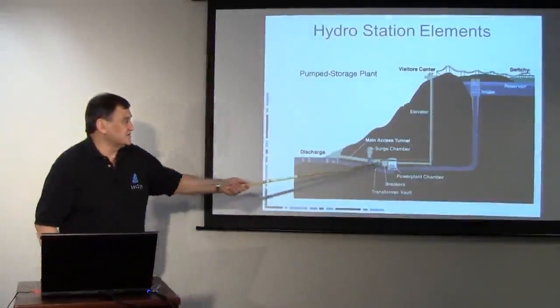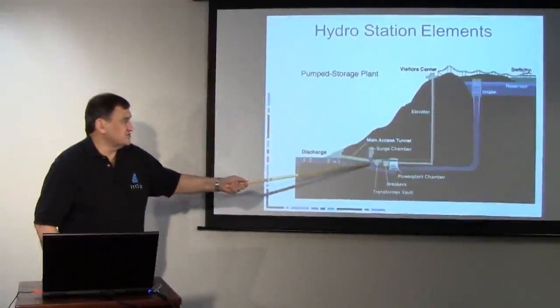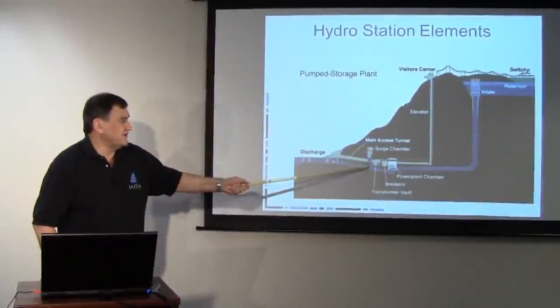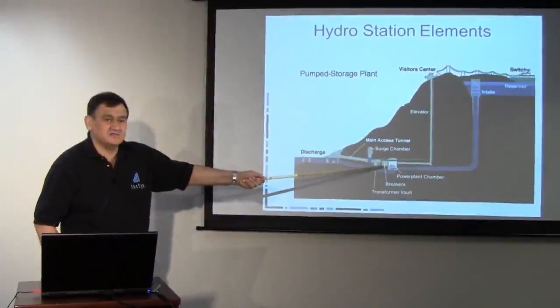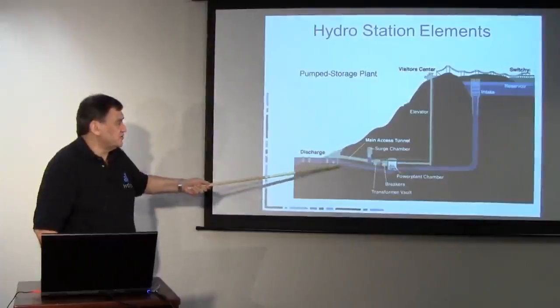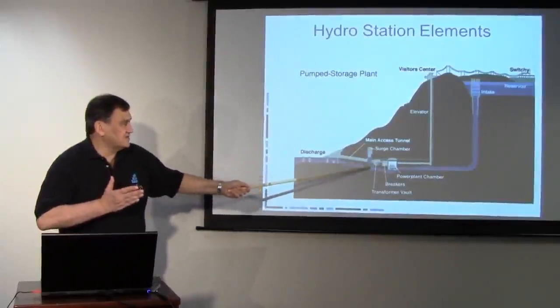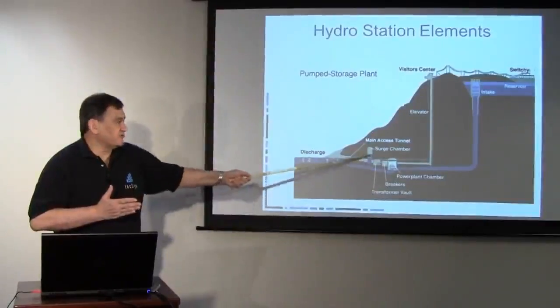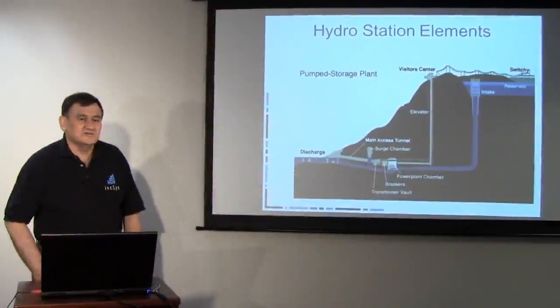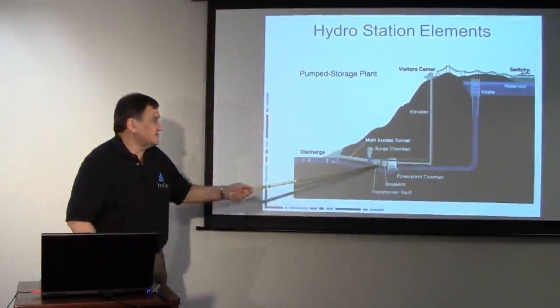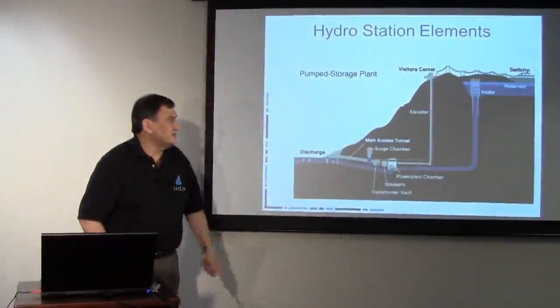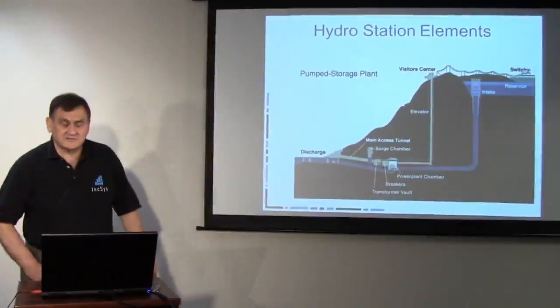And so I believe in this particular case, the surge chamber would take care of the fact that if there's a sudden loss of power to the motors, then you've got all this water rushing in. Instead of slamming up against the gates here, the pressure will be relieved by the surge chamber. So you can see surge chambers either on the downstream or on the upstream side to take care of those pressure transients.